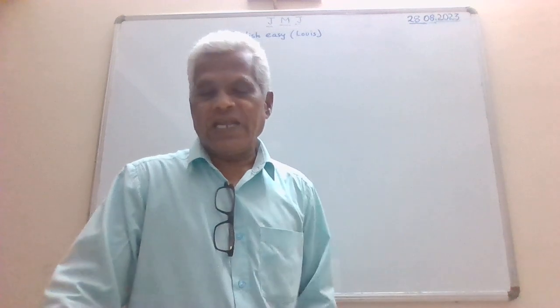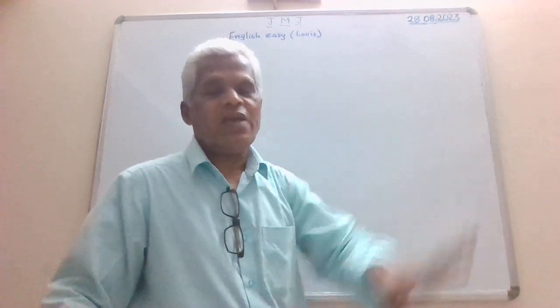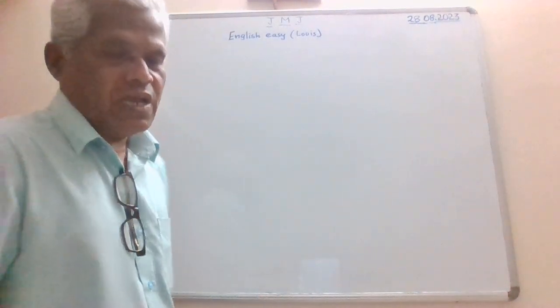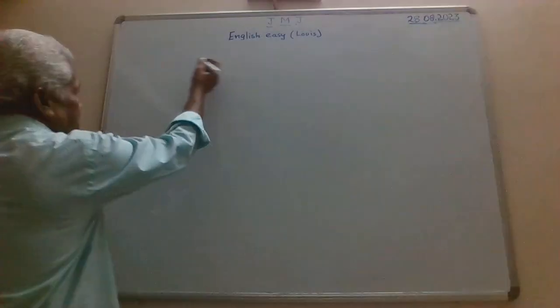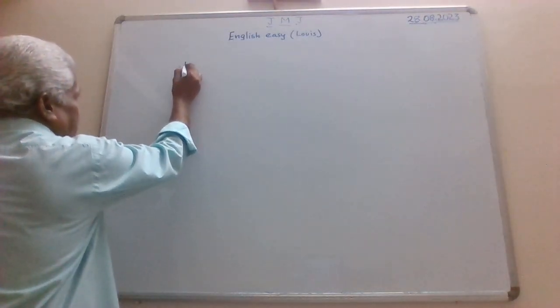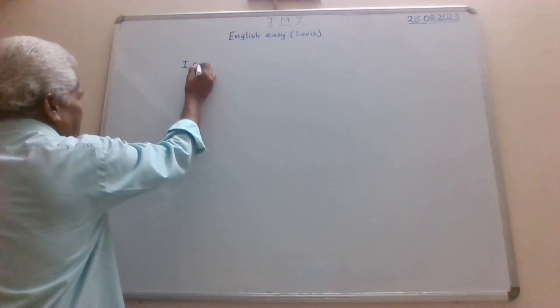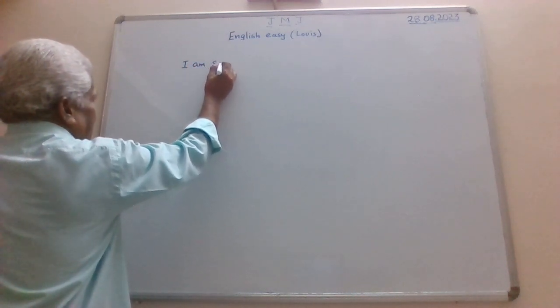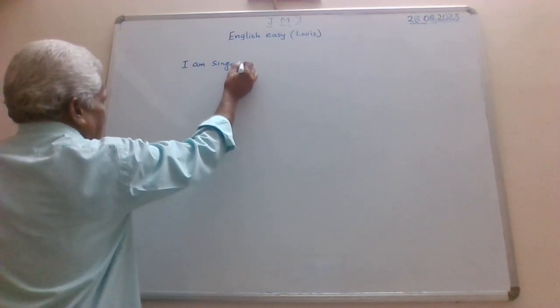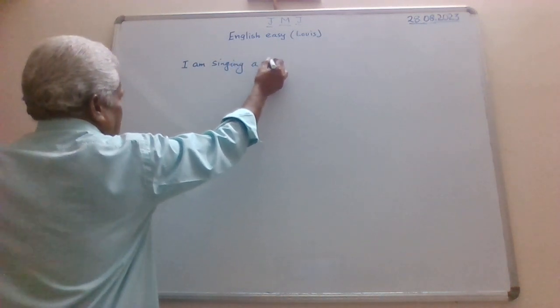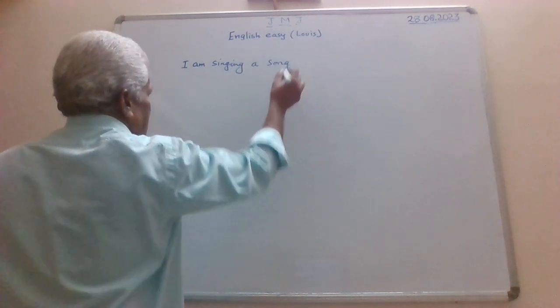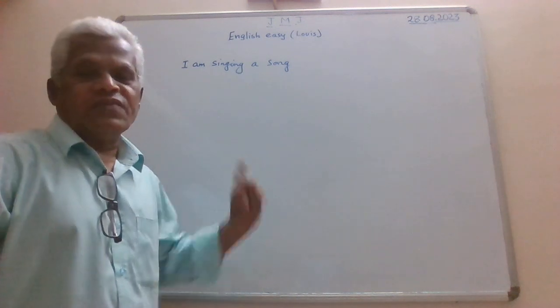So I am just writing a sentence, then we will come back to the formation of the verb and rules. Right, now let me write a sentence. I am singing a song. Okay, I am singing a song.